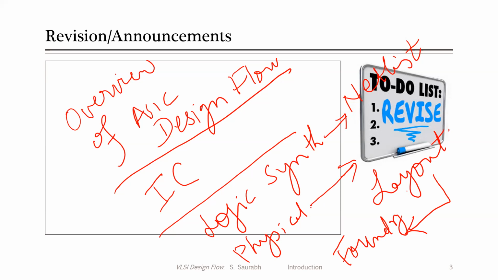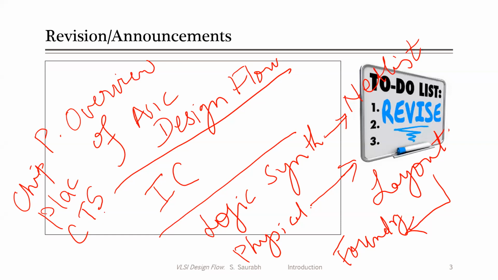Then we saw that physical design consists of many steps. For example, chip planning. After chip planning we do placement of the standard cells, and then we do clock tree synthesis, known as CTS, in which we route the clock signals from the clock generator to each of the flip-flops.